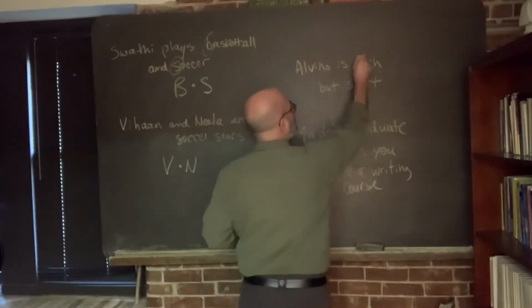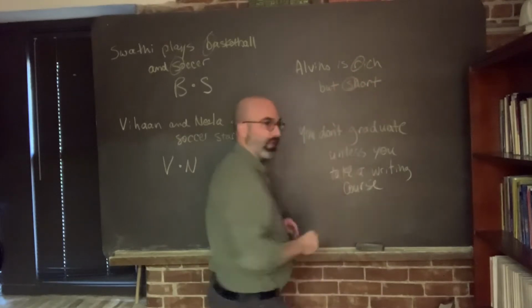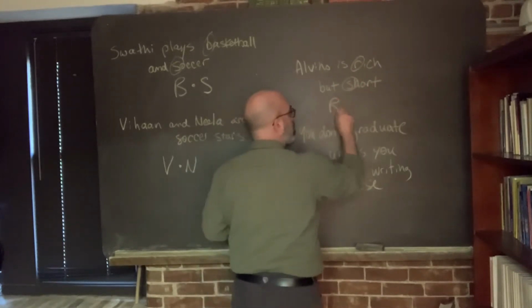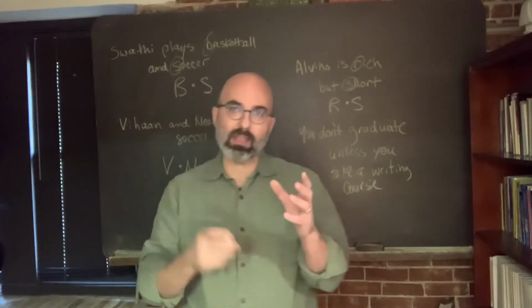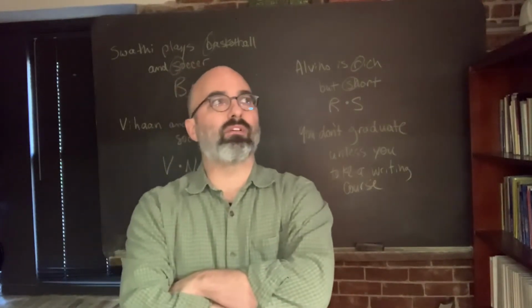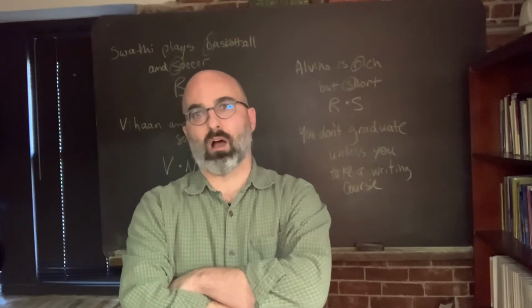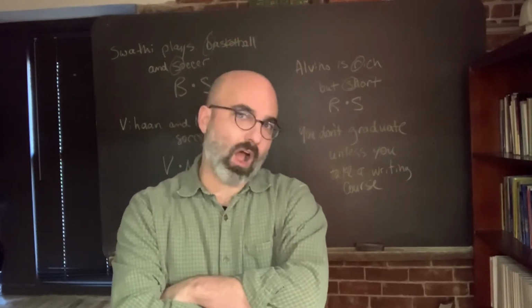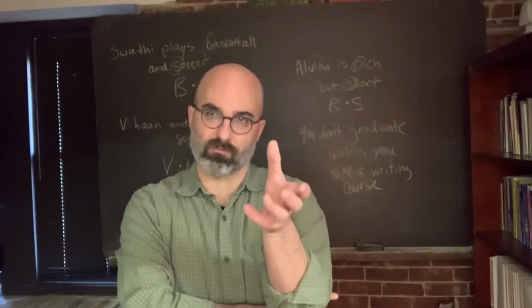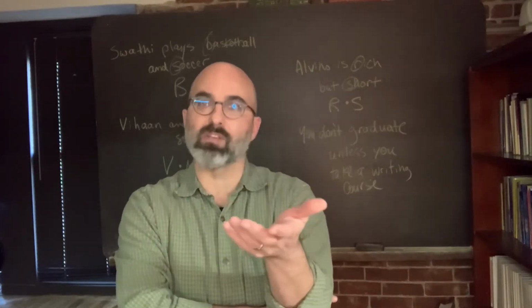Let's represent it and then think our way into this. So Alvino is rich but short. That's a complex predicate. And the way to think your way into this is to say, well, look, the truth functions are conjunctive. The difference between and and but is not the truth functional features, but other expressive features.